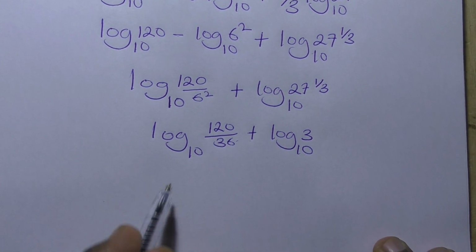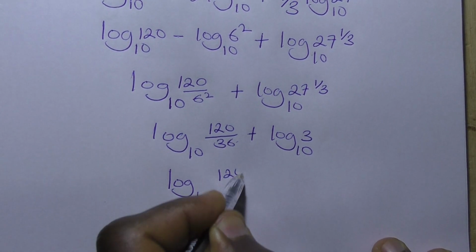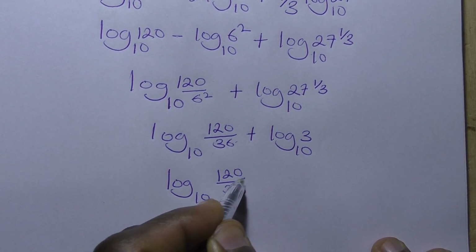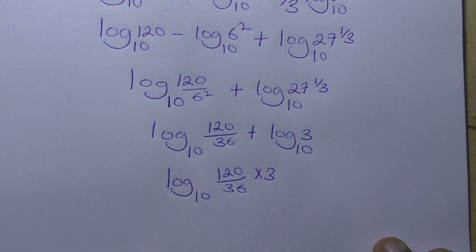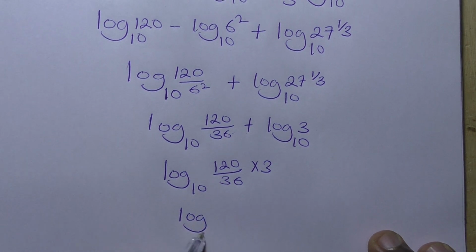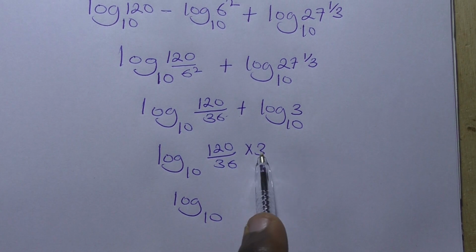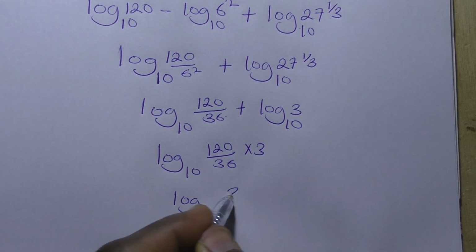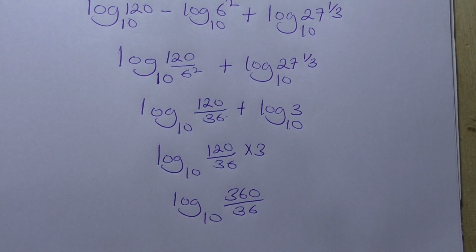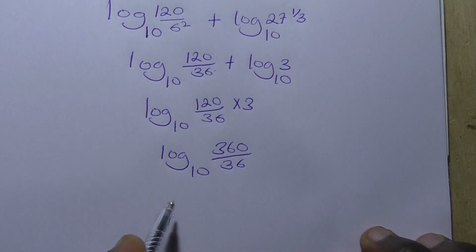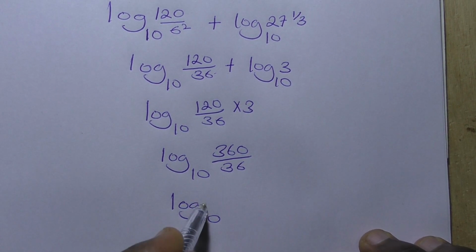So that is, we shall have log 10 120 over 36 times 3, thereby giving us log 10 120 times 3 is 360 by 36, which gives us, when we divide, 10.